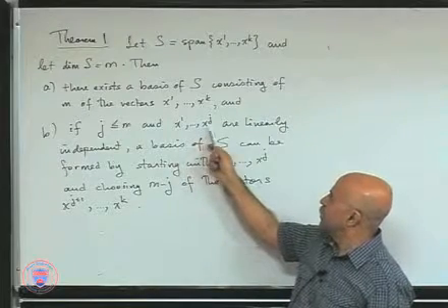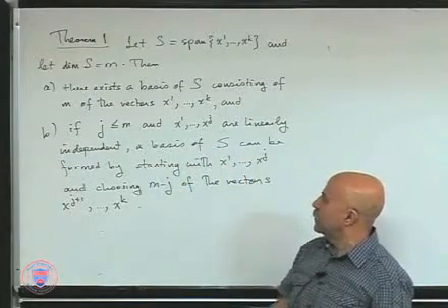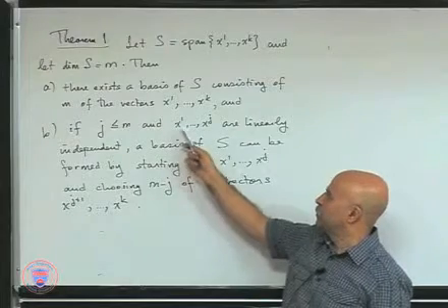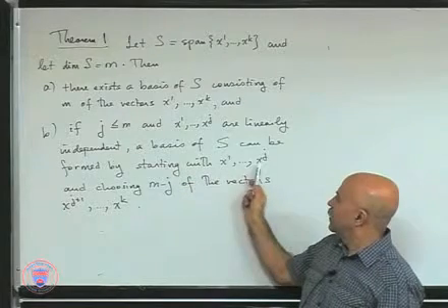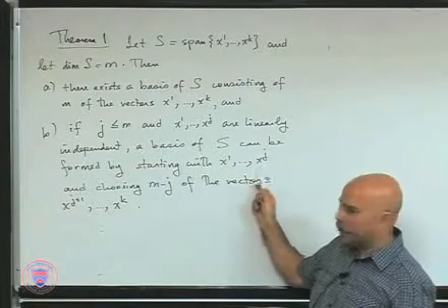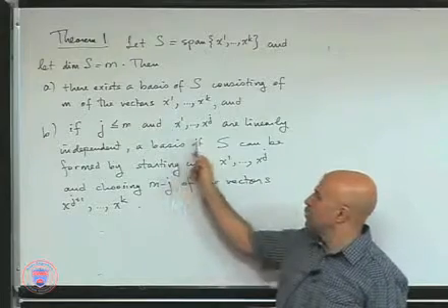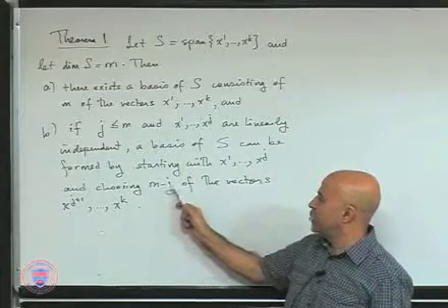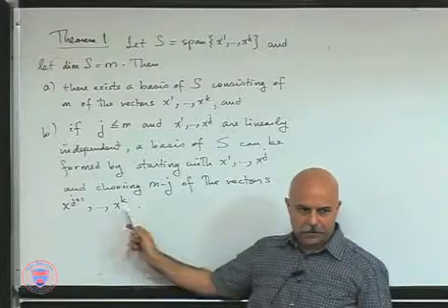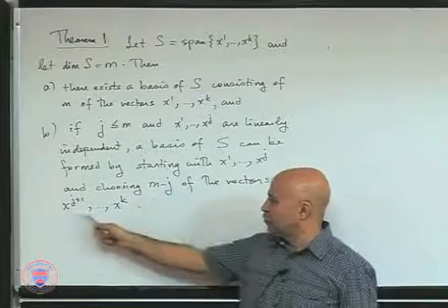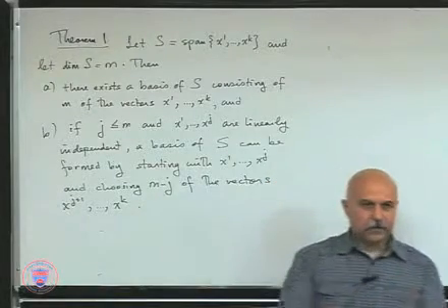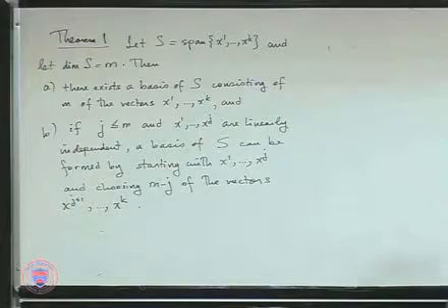If x1 through xj are linearly independent, then we can build up a basis using those, starting with x1 through xj, and adding to that set some m minus j of the remaining vectors. Of course, making sure that the ones that we choose from the remaining set still fulfill the assumption of linear independence. You can always do it. That's the type of statement.